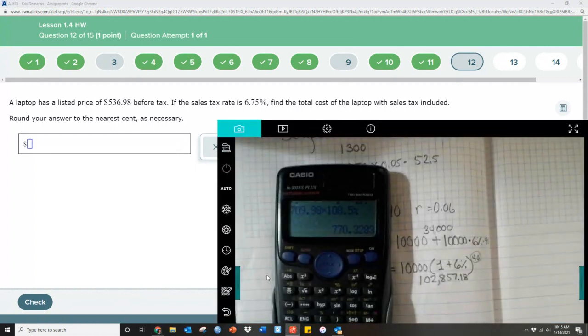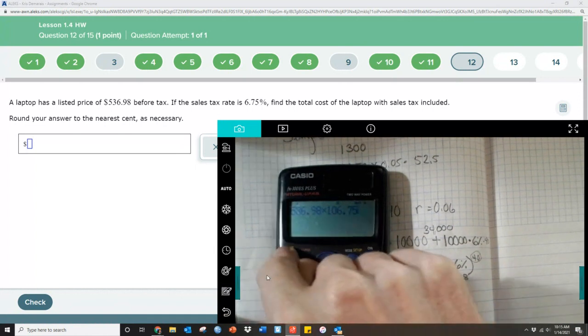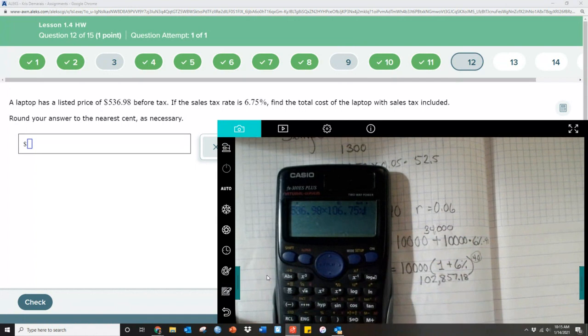And when you get good at this, it's as simple as taking your calculator and doing 536.98 times the 106.75. Notice how I had to put in the 0.75 and then hit shift the percent sign.